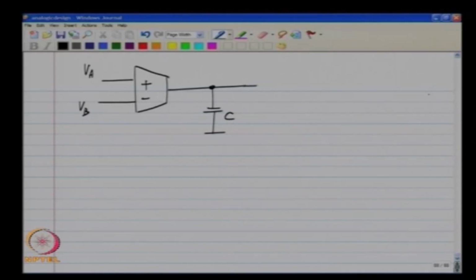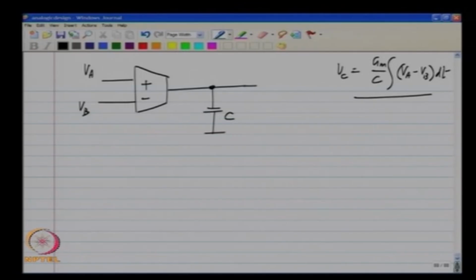So, now we know that the voltage at the output or the voltage across the capacitor is some constant times integral of V a minus V b with respect to time.